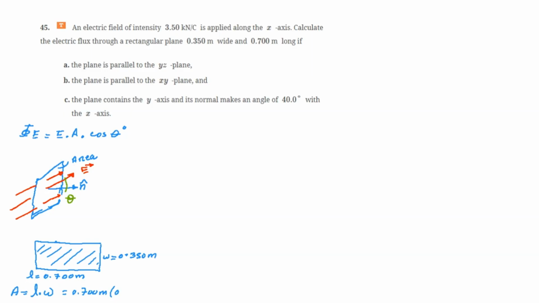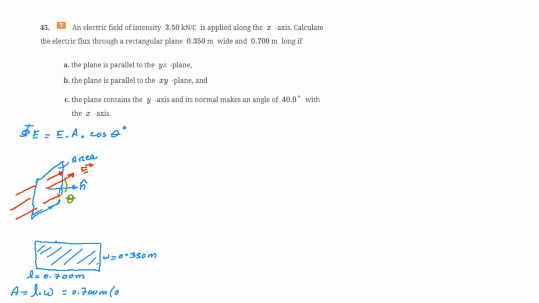Now, when the plane is parallel to the YZ plane, the YZ plane is this plane over here. So a plane parallel to the YZ plane is going to be like this. This is a plane parallel to the YZ plane.